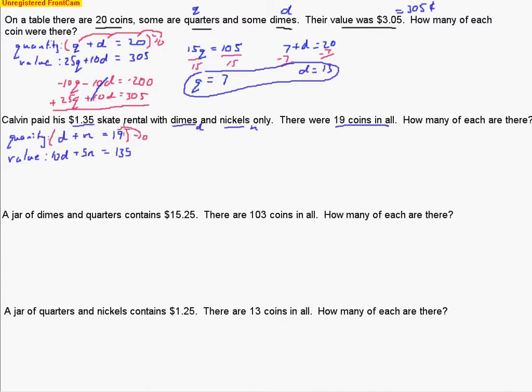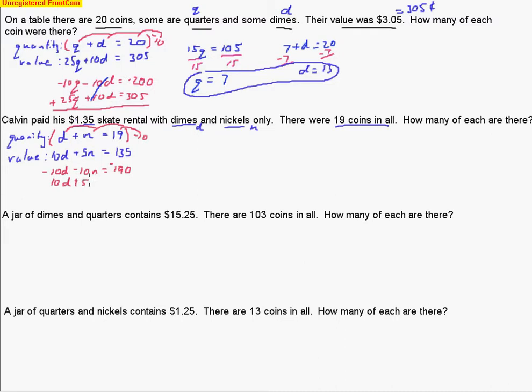It's the easier number to multiply by. So here's my new equation: negative 10d minus 10n equals, 19 times 10 makes 190, so negative 190. And I'll rewrite the value equation down below.